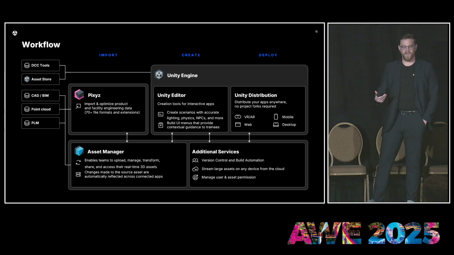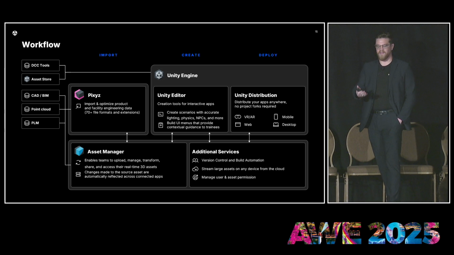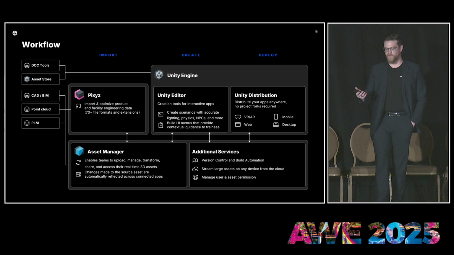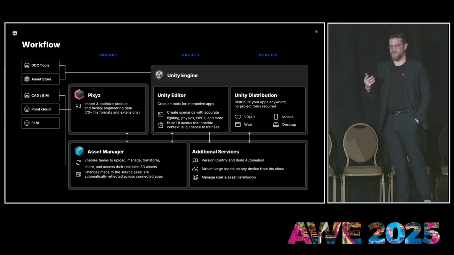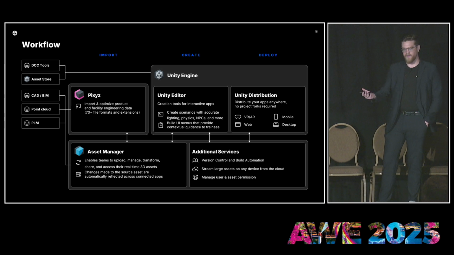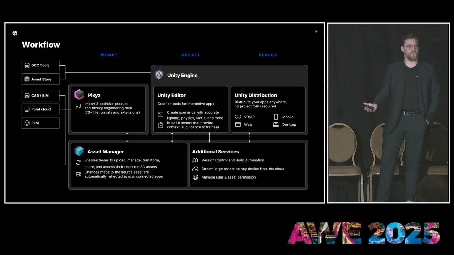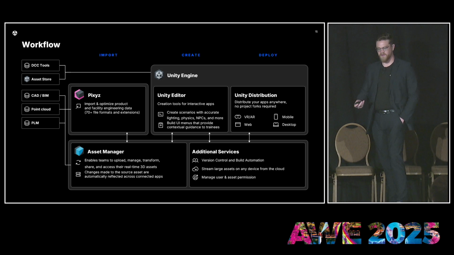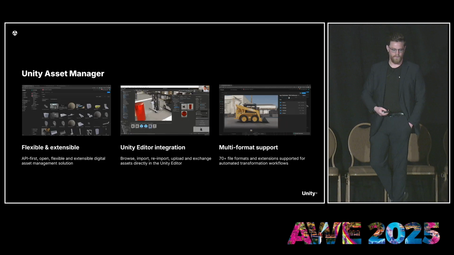From there, you can go into the editor, where you can leverage additional services like version control or build automation, and then eventually get to distributing your app across different pieces of hardware. So that would be, again, your XR devices, mobile, web, et cetera.